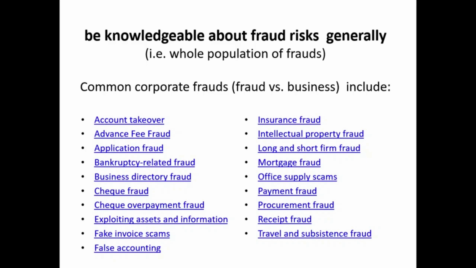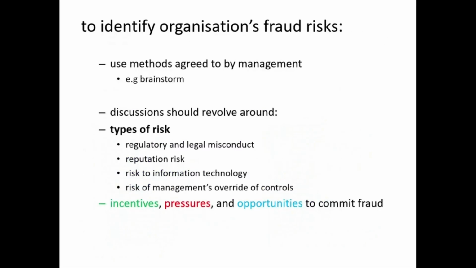So you've got a wide range of different fraud examples, and each one of these is a link to an appropriate website to show you more and give you an example. Obviously within this, just think about the likelihood of the types happening, what was the incentive, the pressure, the opportunities, linking back to the fraud triangle.